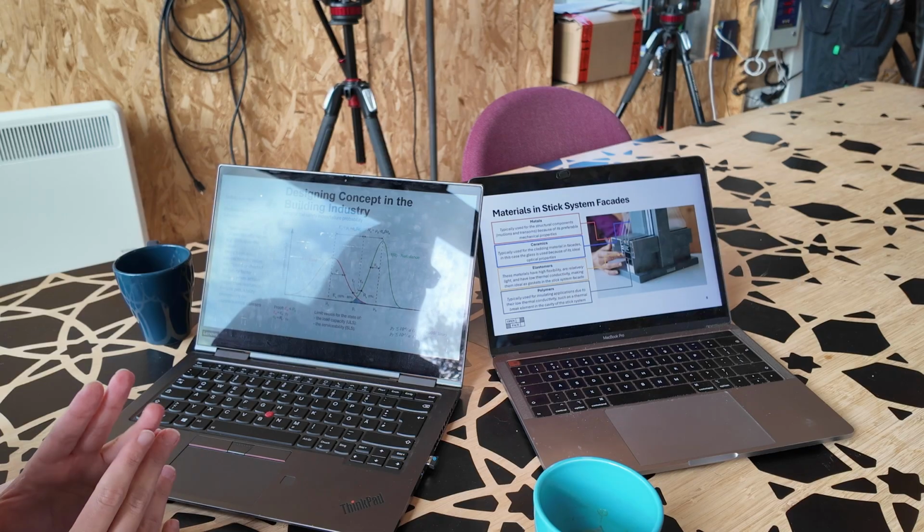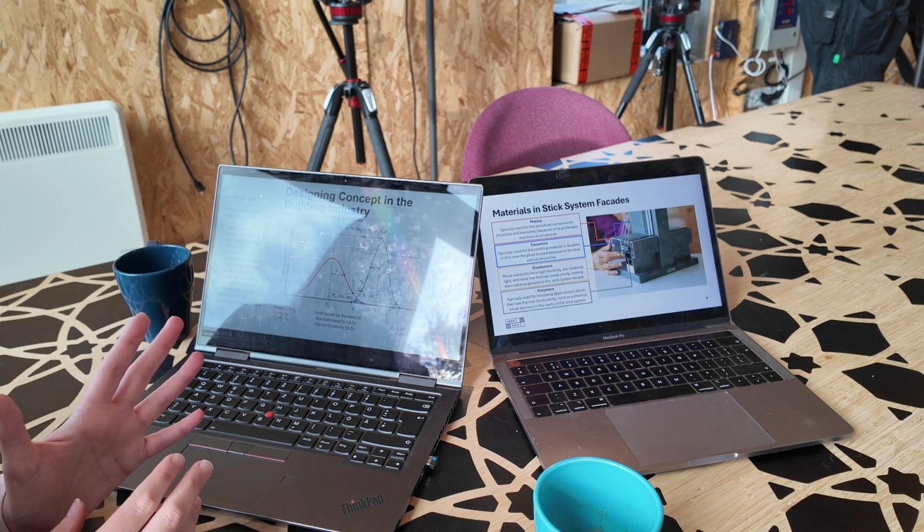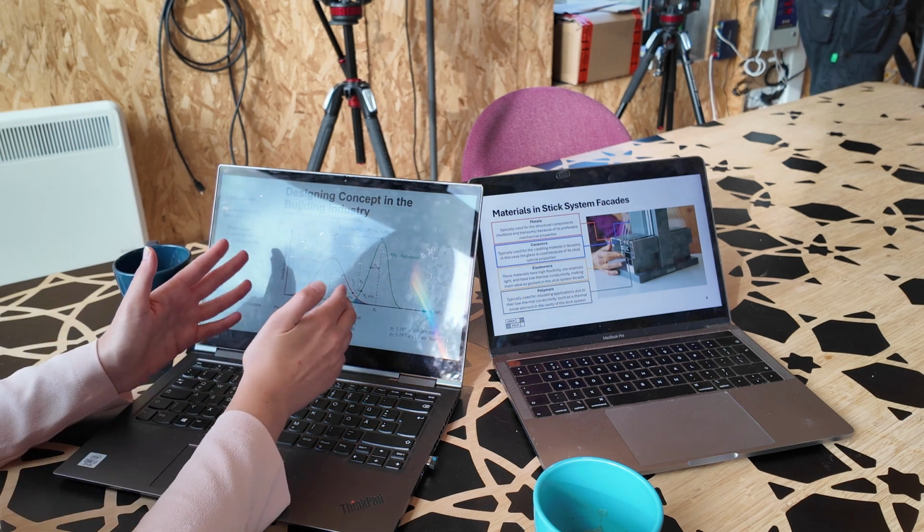And this means that the loads are with a probability of 50 to 98% in the range of these values. And this is not enough to be safe.